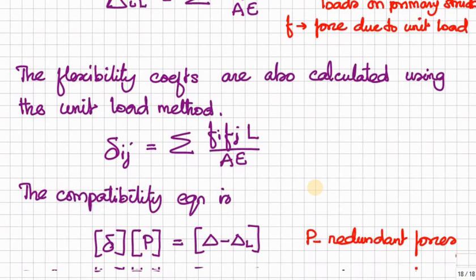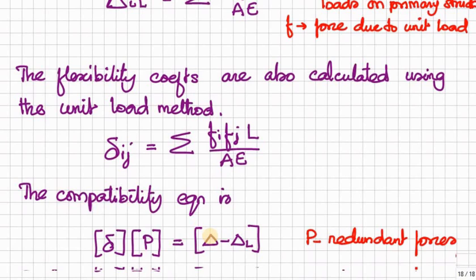That is, small delta into P, everything in matrix form, small delta into P is equal to capital delta minus delta L. Here the capital delta is nothing but the final displacement at the system coordinate.